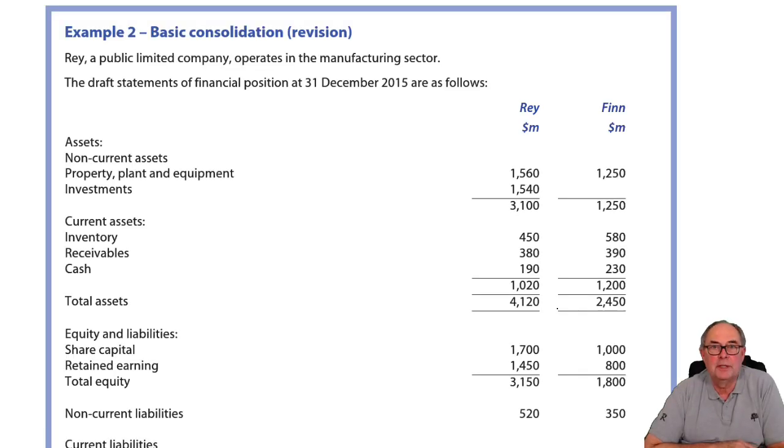So we're going to take a look now at a revision of some consolidation numbers. We'll be looking at example 2 and example 3 in your notes. So you will probably want to keep pausing the recording, because when I get to each part of the question, it would be a good idea for you just to try the numbers first and then check with the debrief.